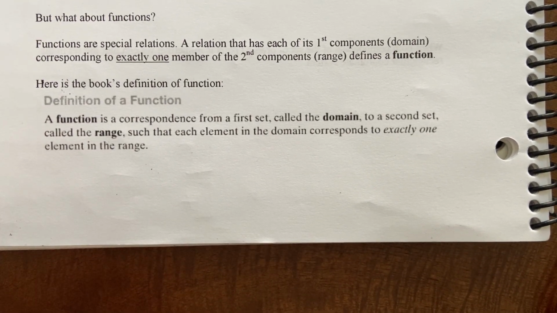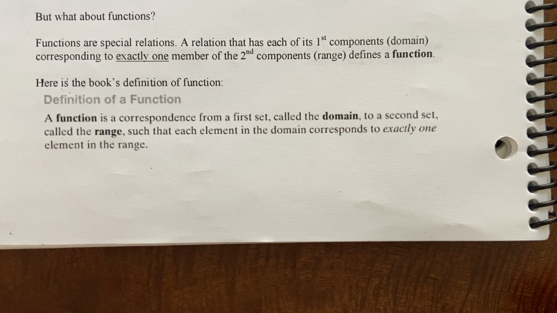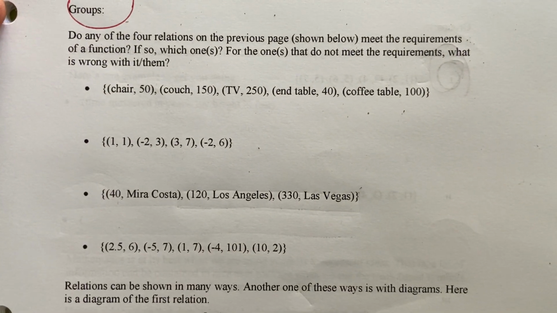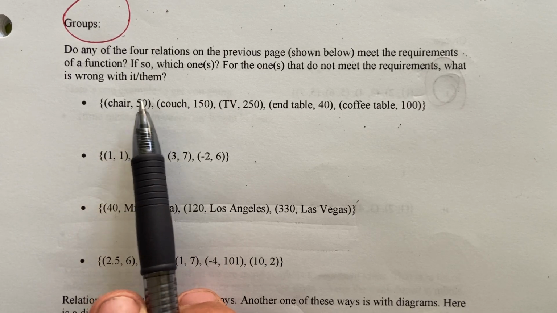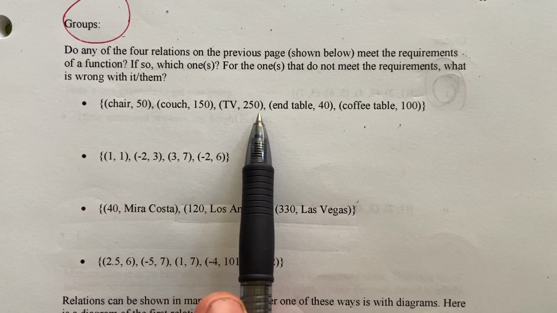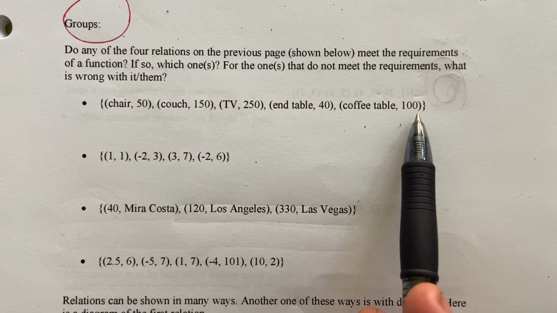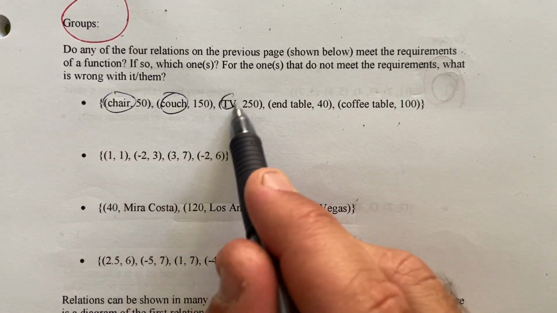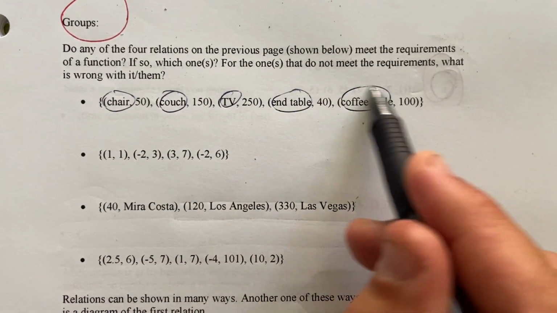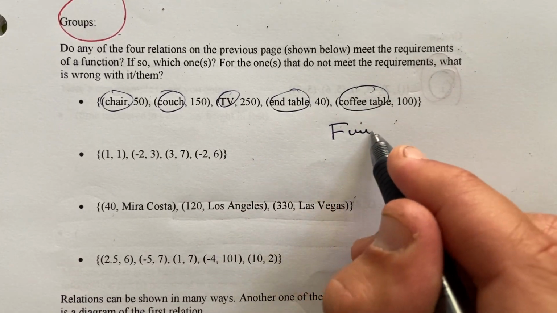What that means is you can't have any repeats in the domain. So for these relations, are they functions? We have chair 50, couch 150, TV 250, end table 40, coffee table 100. There are no repeats in the domain, so this would be a function.